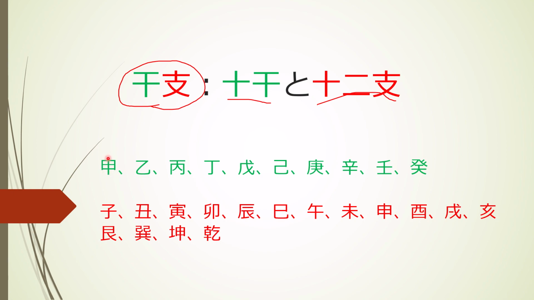Ko, Otsu, Hei, Tei, in this case the first 4 of the Jikkan are often used. So in a contract, an employment contract for example, the Ko would be the employer, the Otsu would be the employee, and the other 2 would be respectively the 3rd or the 4th party of that contract.